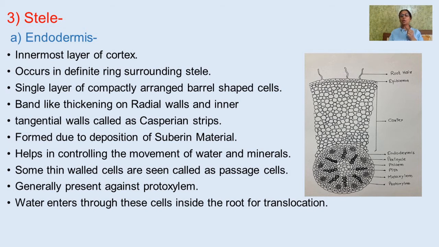Those cells are called passage cells, and through these passage cells only the water gets entry inside the stellar region. These passage cells are generally located just against the protoxylem element. The water enters through this passage cell inside the root, and the root then translocates the water in an upward direction.